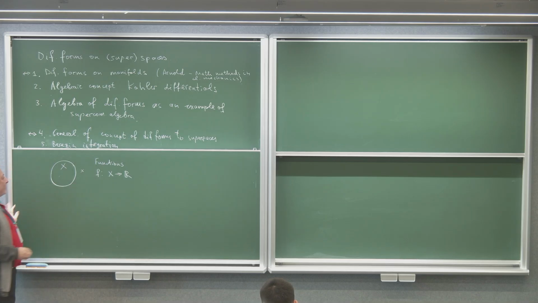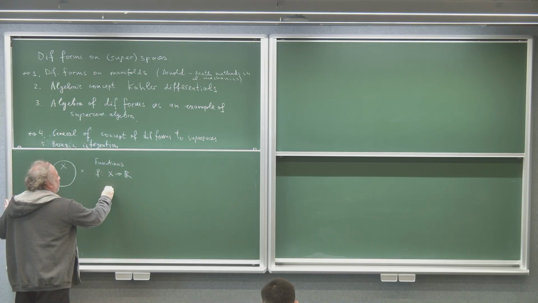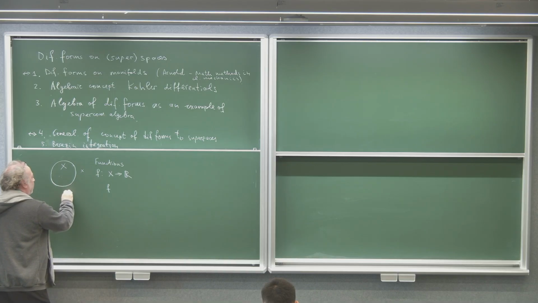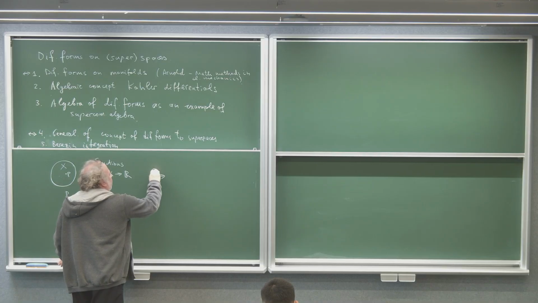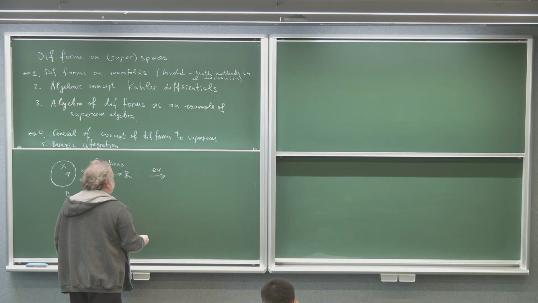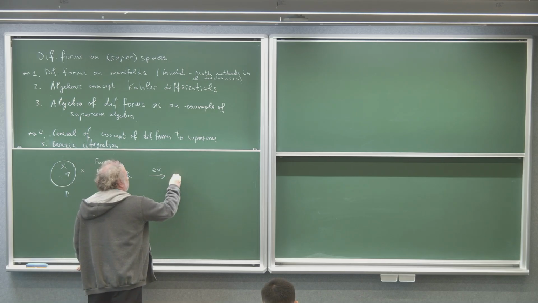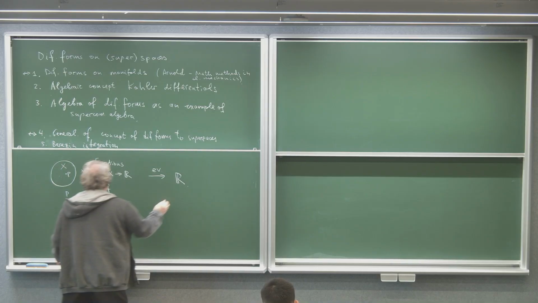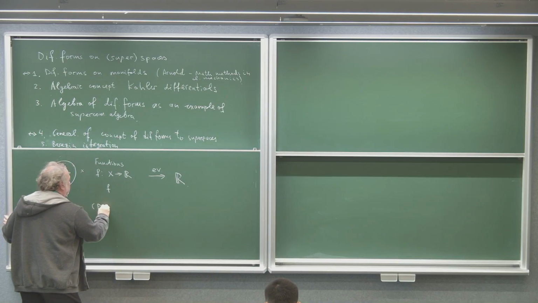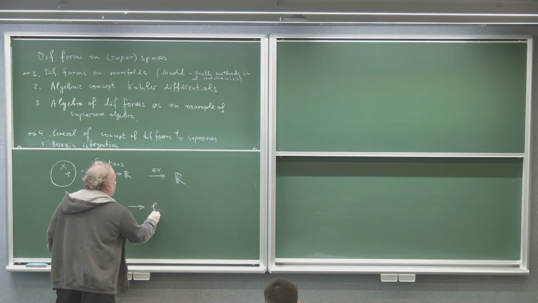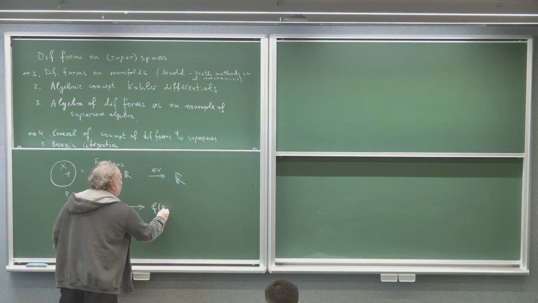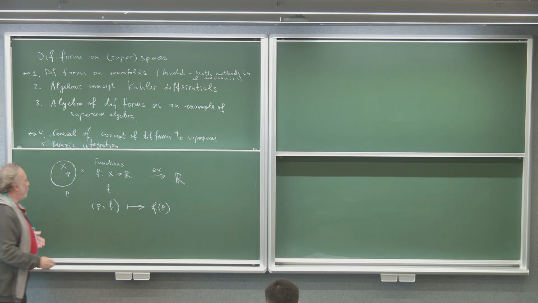Let us take a product of these two spaces. So element of this space is function f. Element of this space is a point p. He said, evaluation map to R. It takes a pair p, f and brings f of p. So far, so good.